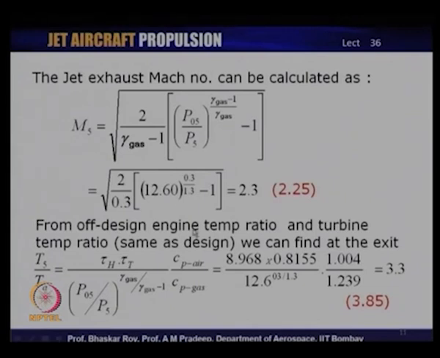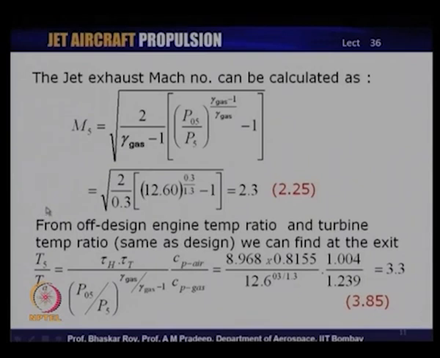We use the pressure ratio that we have just found across the nozzle, and we find that the Mach number at the exit face of the engine is 2.3, which is marginally more than 2.25, which was the design exit Mach number of the jet. So we still see that it is creating a supersonic jet at the exit, and at the off design operating point, it is marginally more than the design point exit jet Mach number.